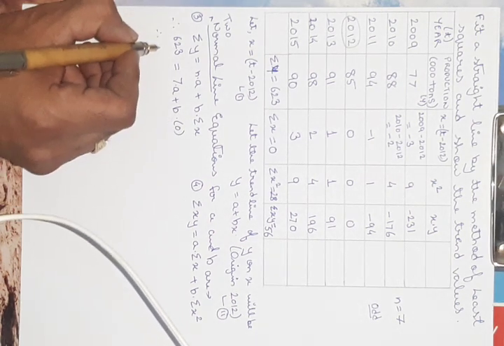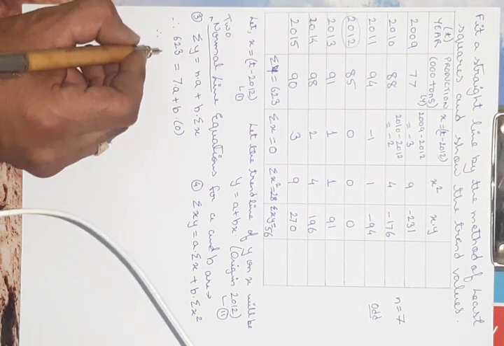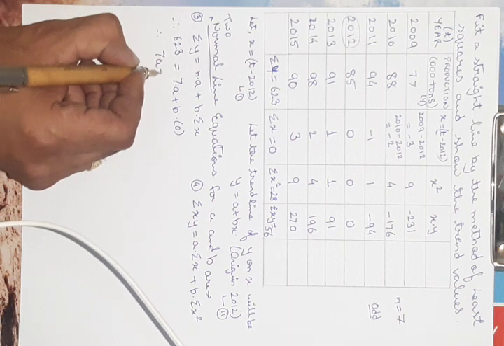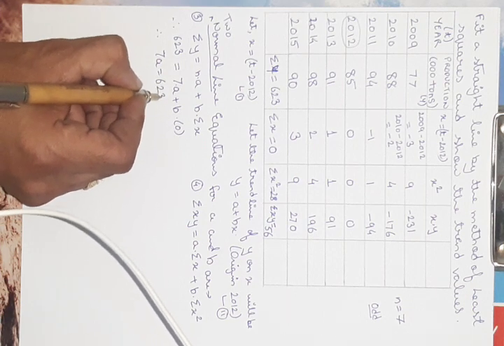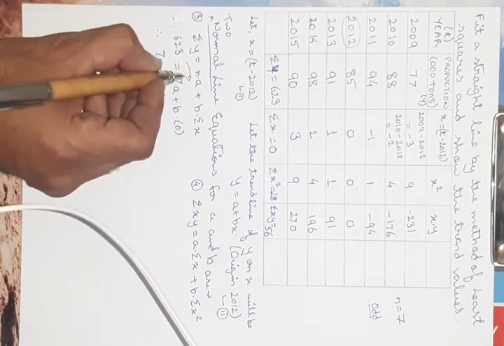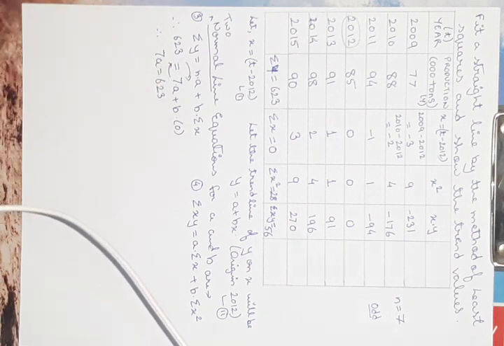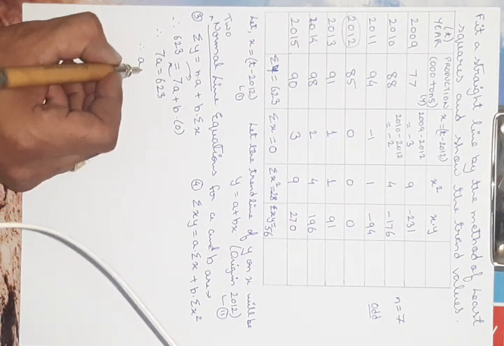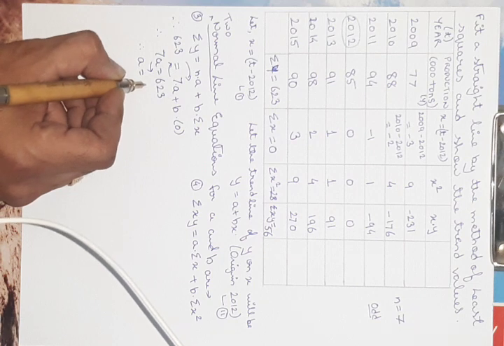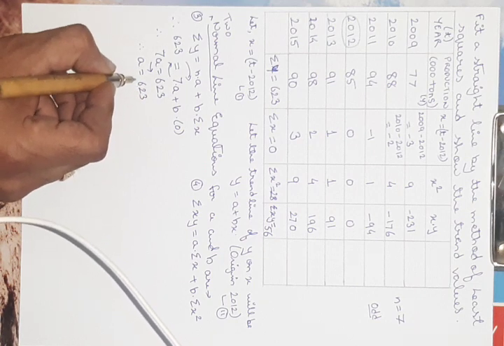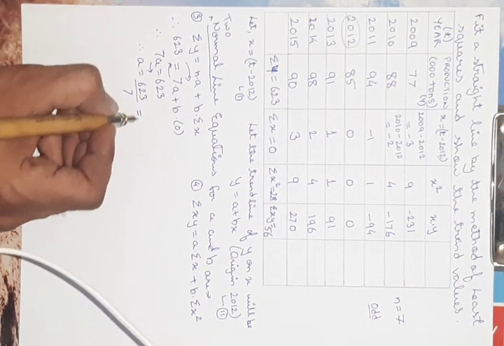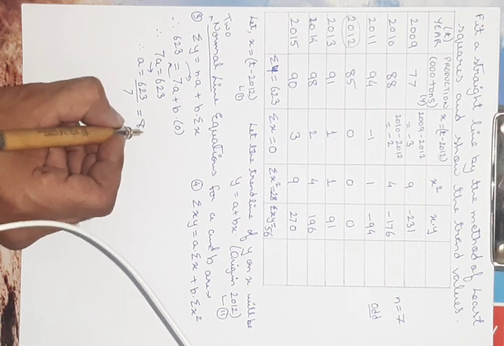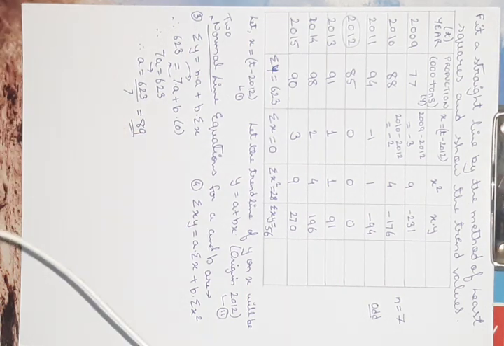So here 7a is equal to 623. Therefore the value of a is equal to 623 divided by 7. This value comes out to be 89.